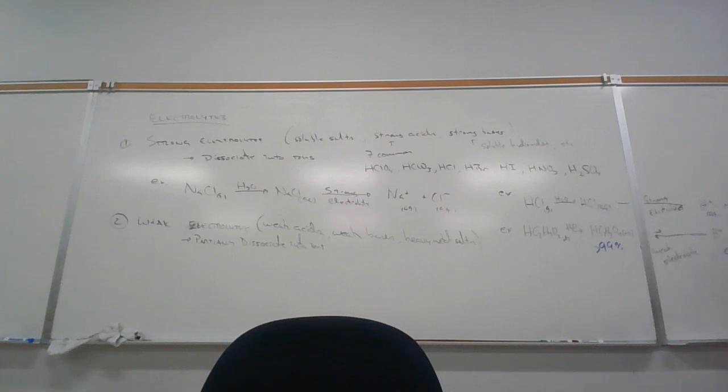If I had two beakers, one labeled HCl aqueous, inside that beaker are just a whole bunch of H plus and Cl minuses. So there's lots of free H plus. If I had a beaker labeled HC2H3O2, acetic acid, aqueous, then there's very little H plus.